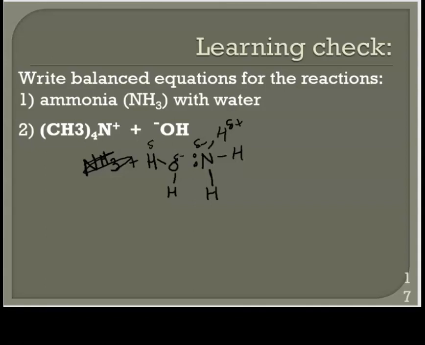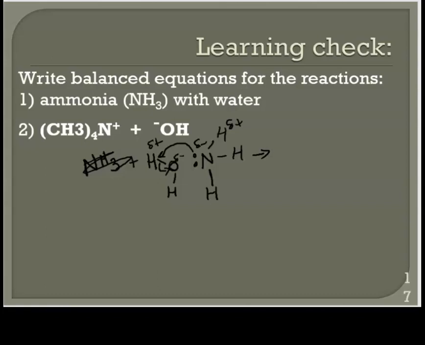Partial negative, partial positive, remember, based on the electronegativities. So the oxygen and the nitrogen aren't necessarily going to want to interact, but the electrons here and this hydrogen may want to. And so these electrons will flow towards the OH group, and these electrons will bond to that hydrogen.